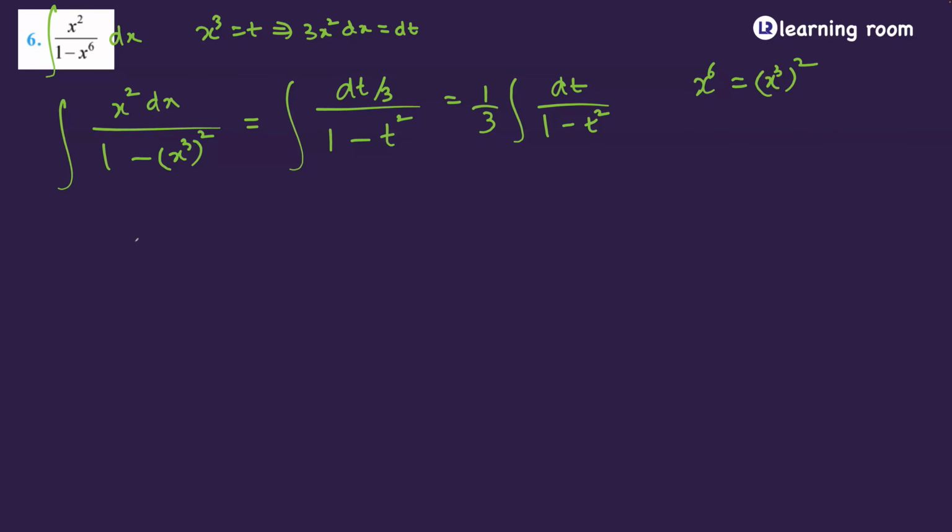So it will be 1 by 3 into 1 by a square minus x square, which is 1 by 2a, so 1 divided by 2a into log of a plus x by a minus x, that is 1 plus t divided by 1 minus t, plus c.